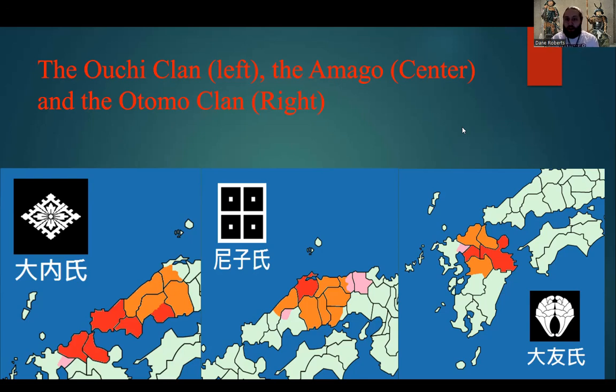And he would masterfully navigate this tense situation politically, because at the time the Mori clan was much smaller and weaker than all three of these clans. So he took the throne of the Mori clan in a very tense, very dangerous situation politically, but was able to weather the storm.